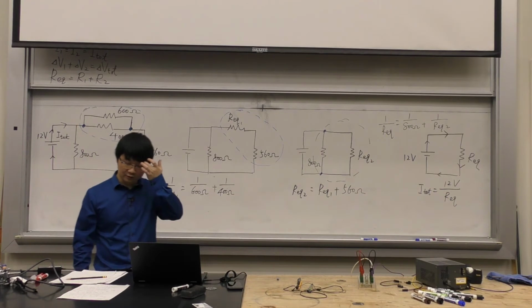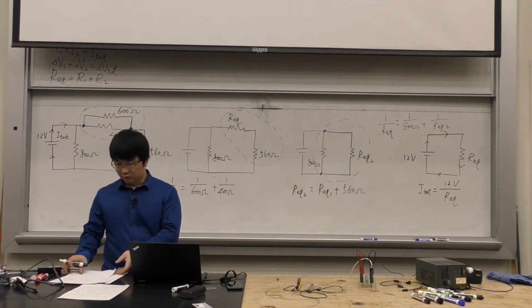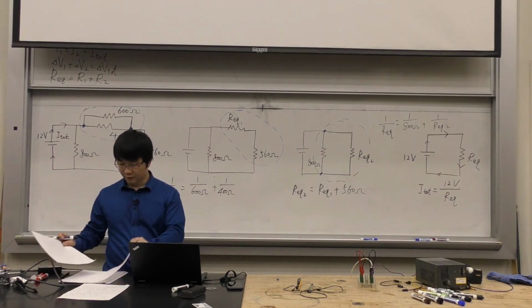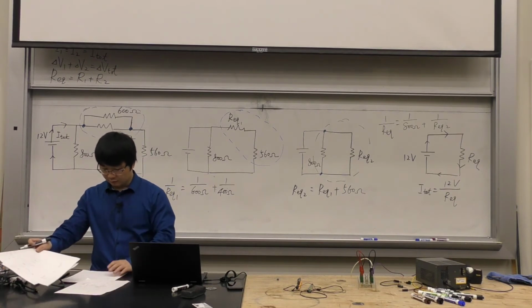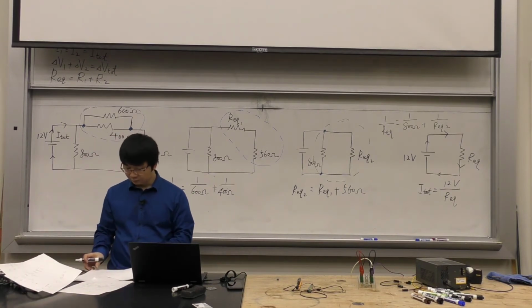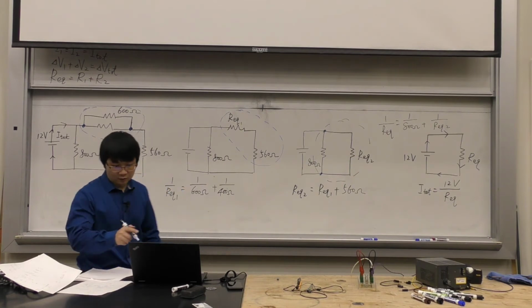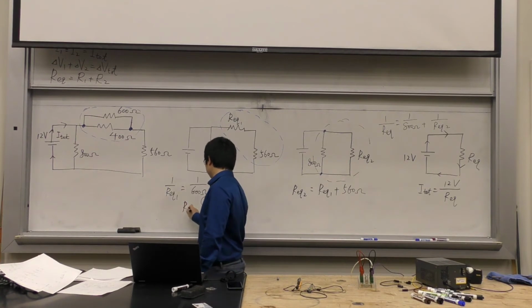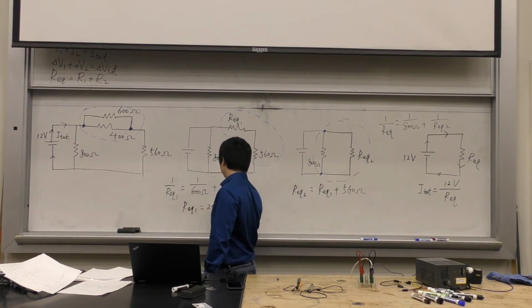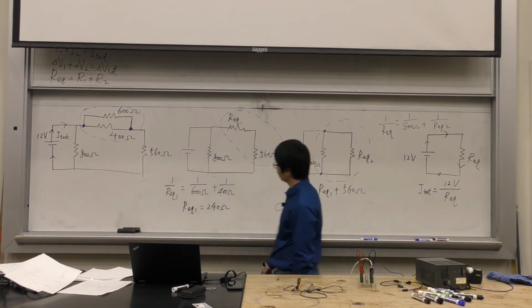All right, so now you can pause the video and do the algebra. Okay? All right, so now let's see. If you combine these two guys and do this algebra, you get 240 ohms, right?